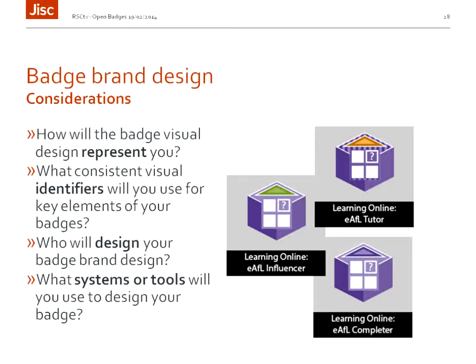So for example, we use a green flash to show that a badge has been awarded to anyone that has contributed significantly to the learning of others. So we give those badges the title of influencer. So we have influencer badges in all our Learning Online courses.